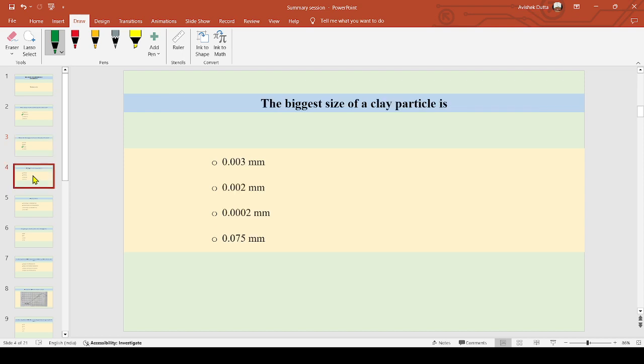Okay, next question. The biggest size of clay particle is? The biggest size of clay particle is 2 micron. You can also say it as 0.002 millimeter.